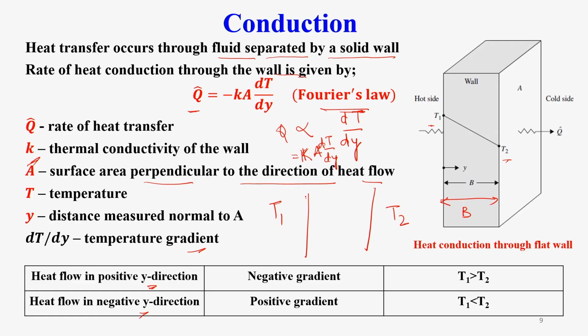If T1 is higher, it will take place in this direction, and if T2 is greater than T1, then it will take place in the other direction. If T1 is higher, it is called a negative gradient. If T2 is higher, it is called a positive gradient. But overall, there should be a difference in temperature for heat transfer to take place.